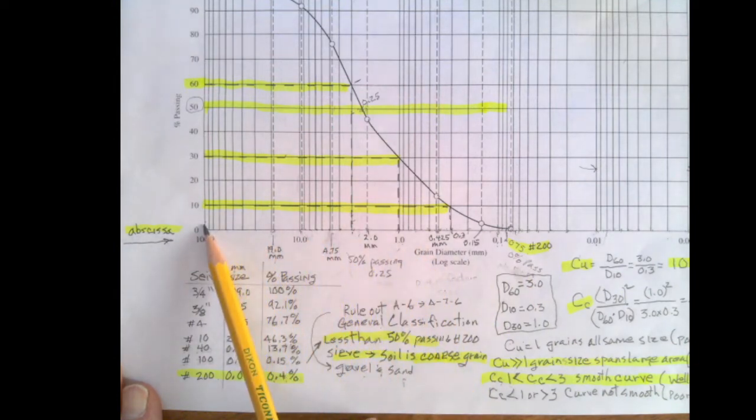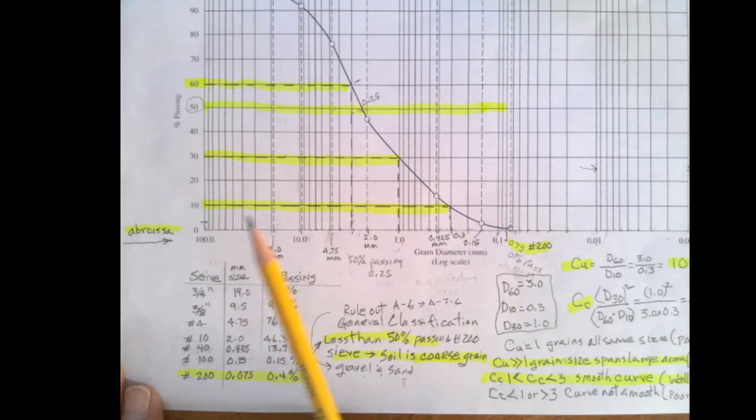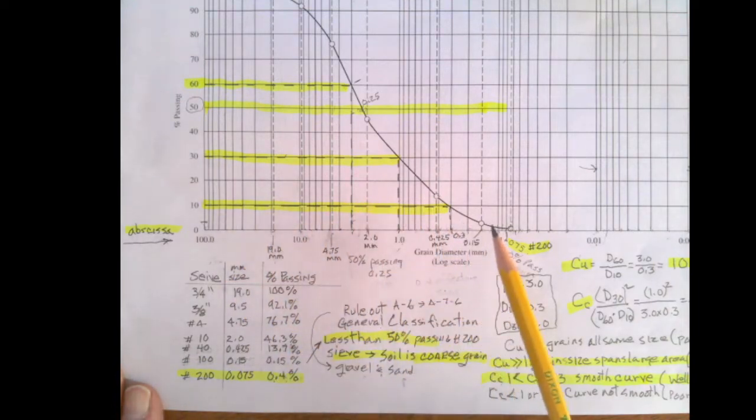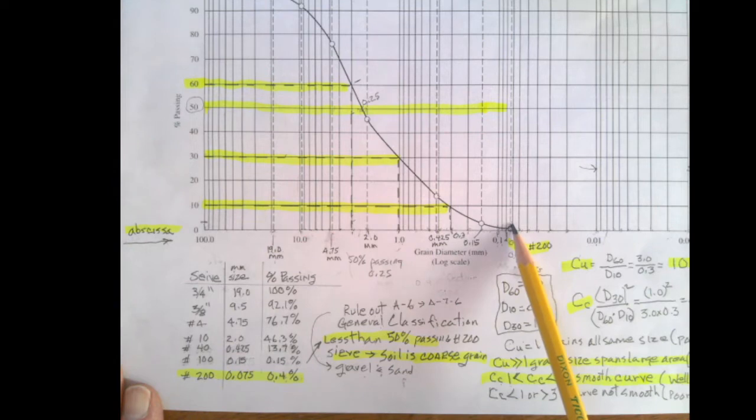That's 0% passing. Look here at the number 2. Well, it would be really about right there, because it's 0.4% passing. But that's where that plot should be, probably up a little bit higher here. But it's okay right there.